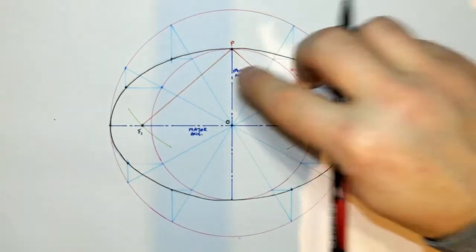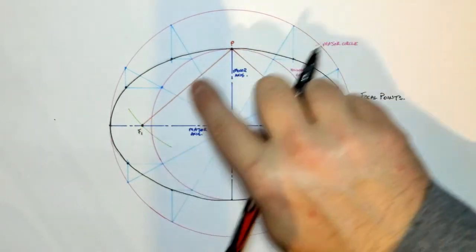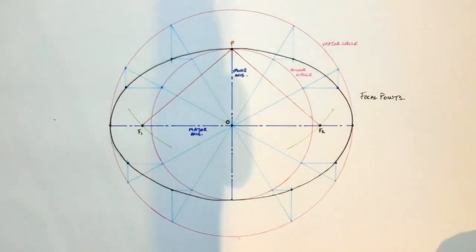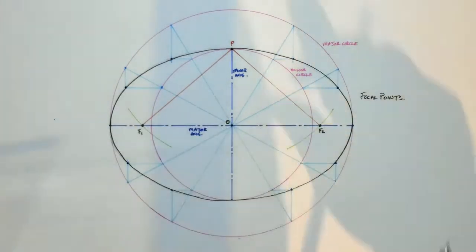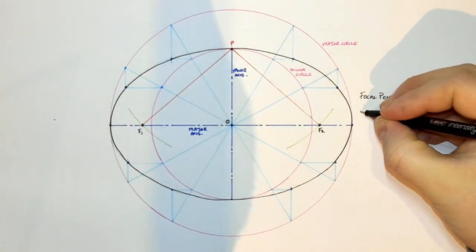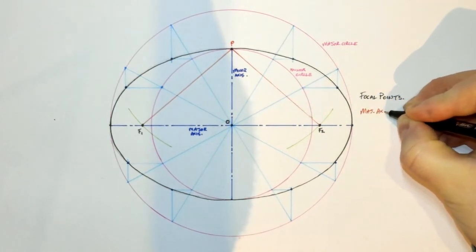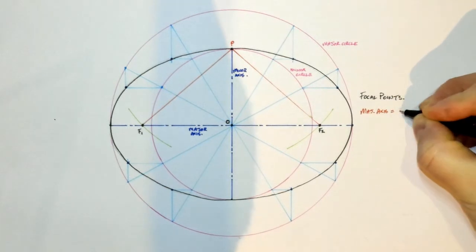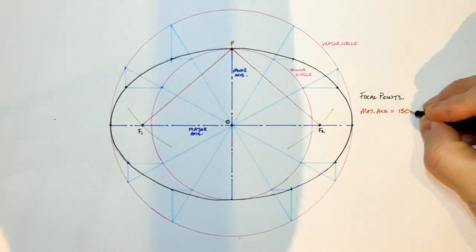Actually, before I measure those lines, I'm going to measure the length of the major axis. It's 150. So major axis equals 150. Millimeters, of course.